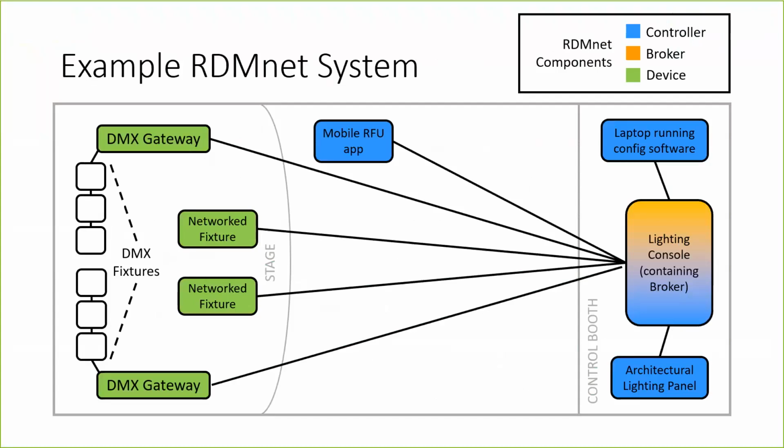I can have these four controllers all interacting with RDMnet and being able to see all the status information and access configuration on this system at the same time. I'm not just limited to the one lighting console like I was in the past.